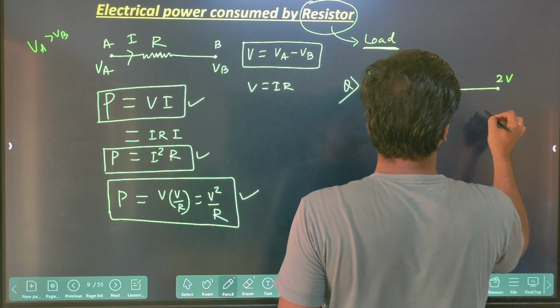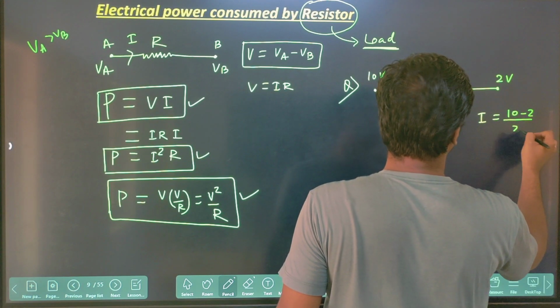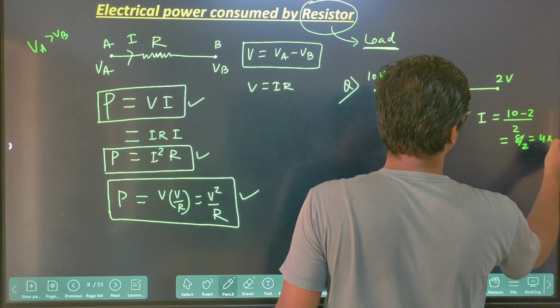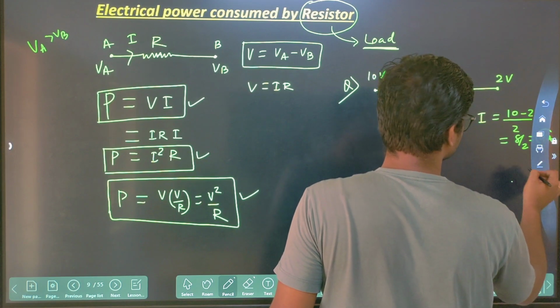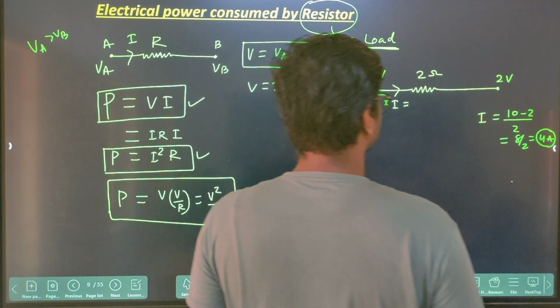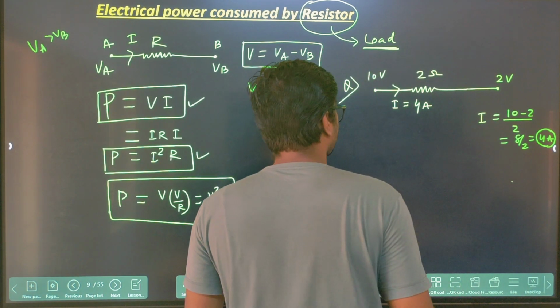So I will be 10 minus 2 divided by 2, that is 8 by 2, that will be 4 ampere. So 4 ampere current is flowing.